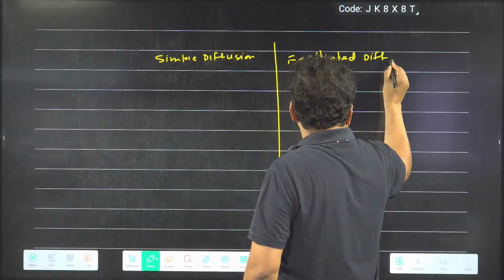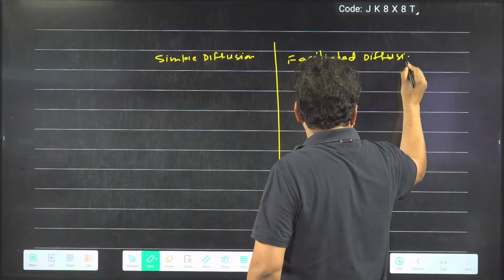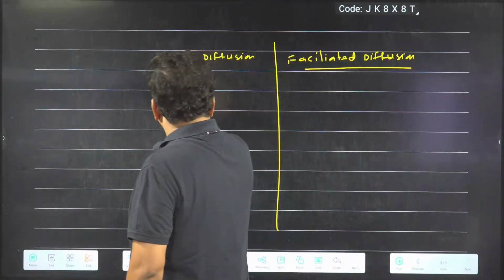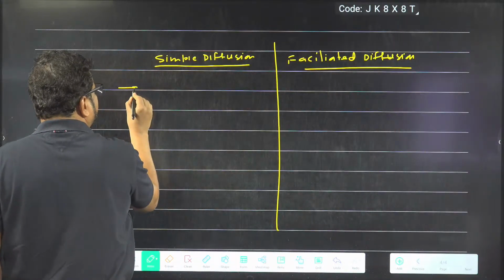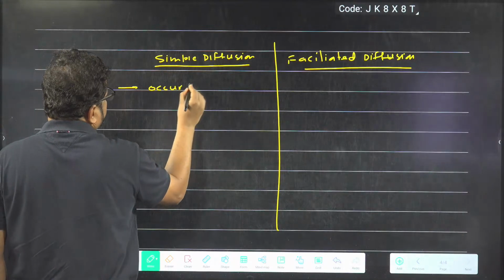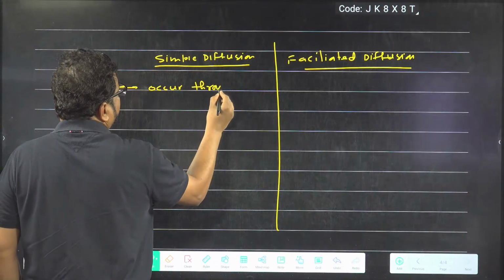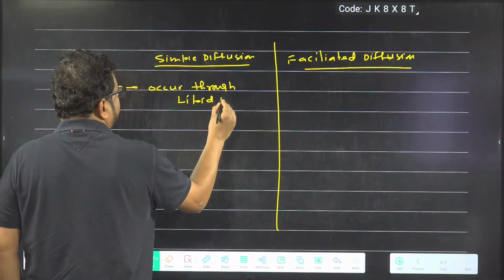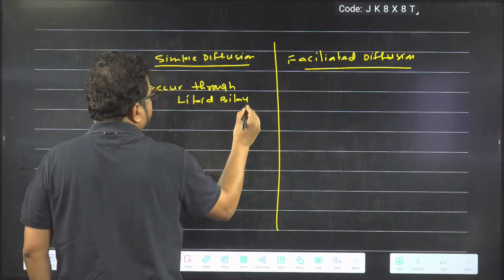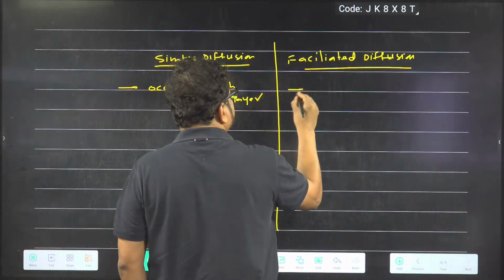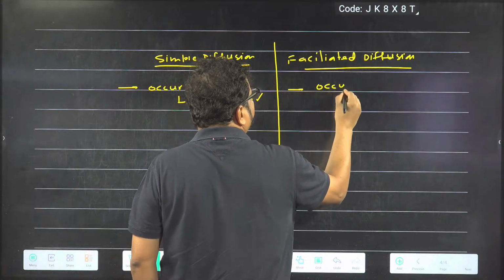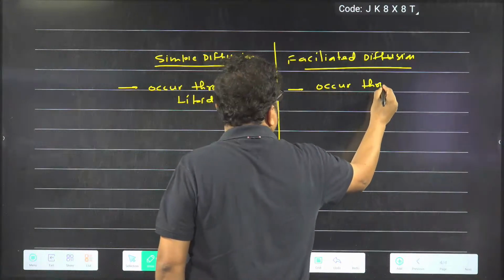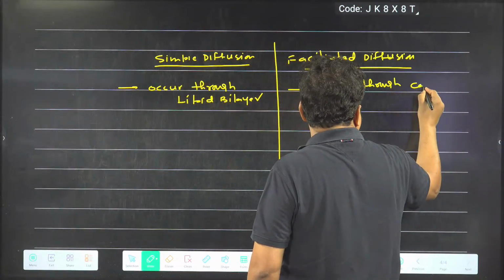What differences are there? Simple diffusion occurs through the lipid bilayer. Facilitated diffusion occurs through the carrier protein.